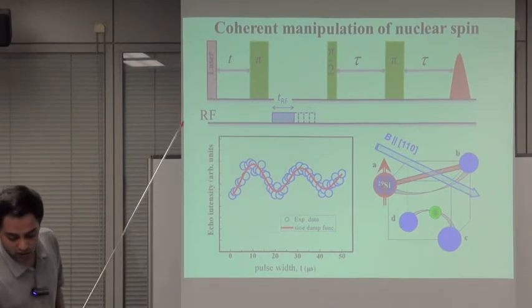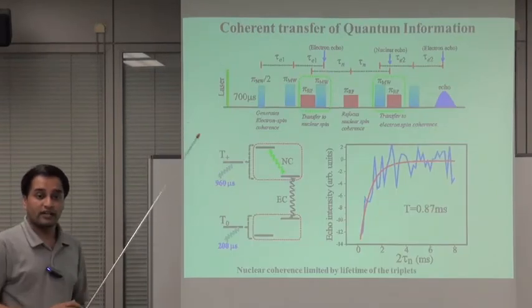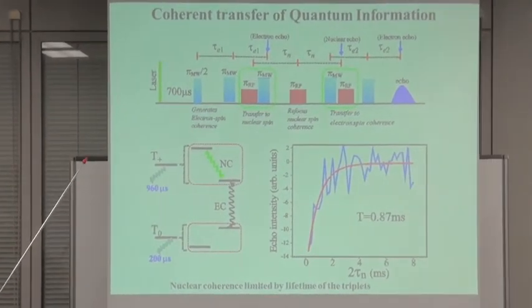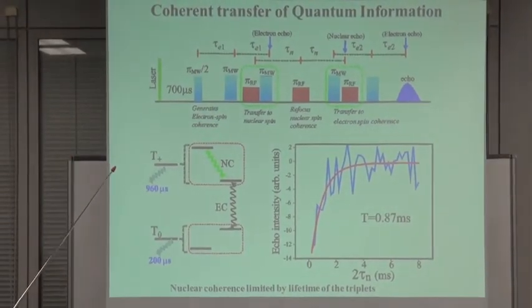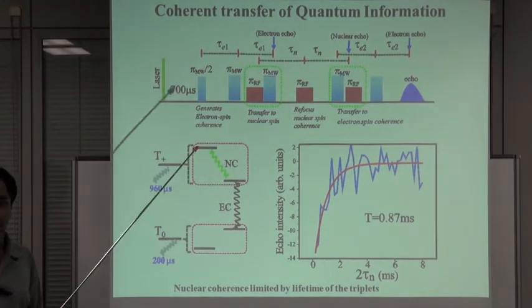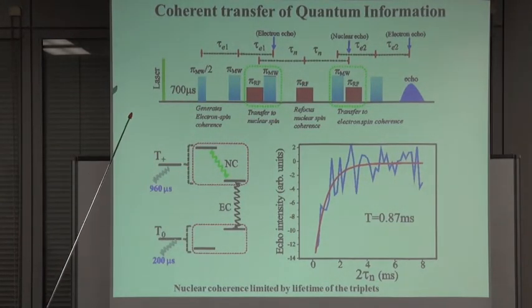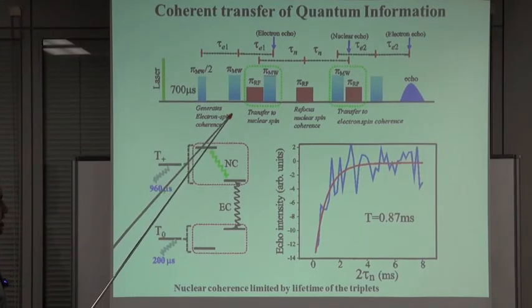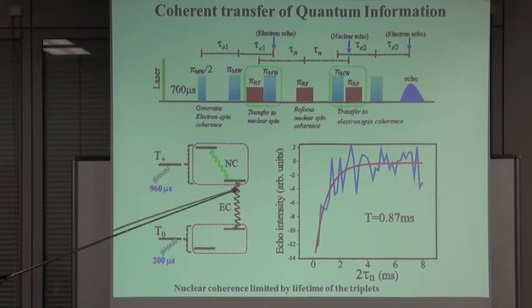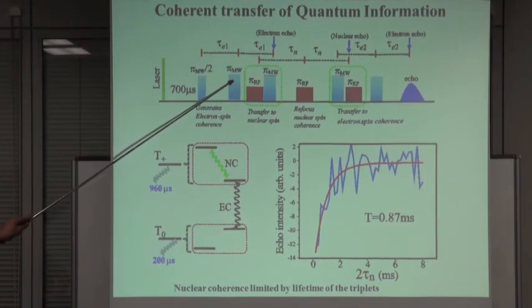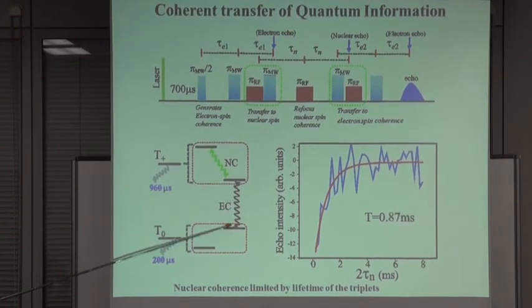Now I want to show you the coherent transfer, which subsequently means the quantum memory of 29Si nuclear spins in silicon. This is a well-used pulse sequence by Professor John Morton at Oxford University. We initially create an electron coherence. For example, if we consider these energy levels, we create an electron coherence, and then by using this pi microwave we refocus it.